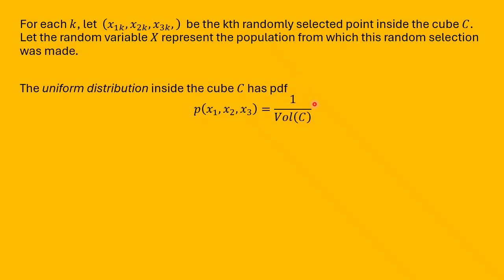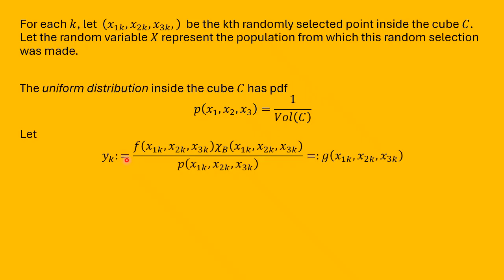Just to be a little bit less specific, 1/8 can be written as 1 over the volume of that cube. So now we're going to define y sub k about the same way that we did in the previous lectures. F of one of those points that was randomly selected from the cube times the characteristic function of the set B at that point divided by the probability density function at that point.